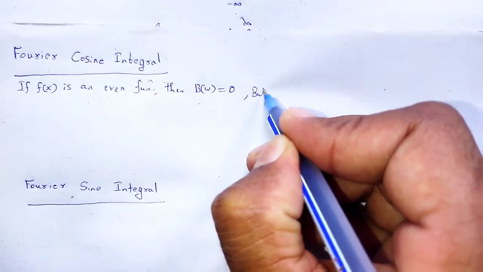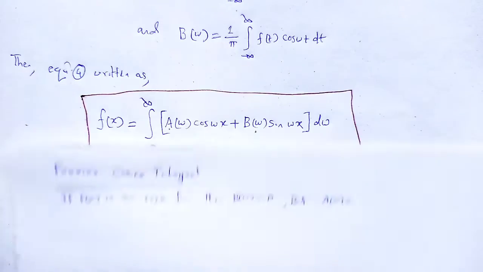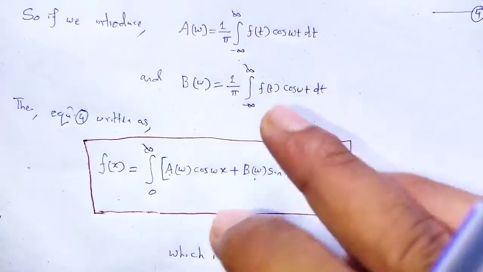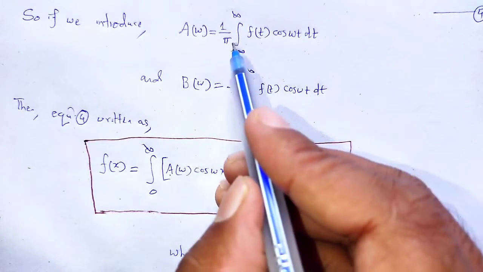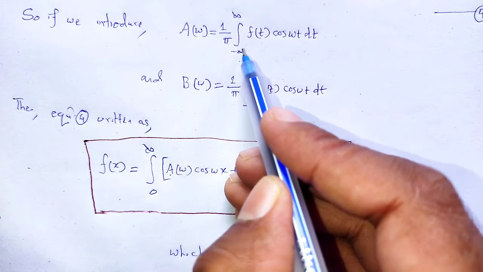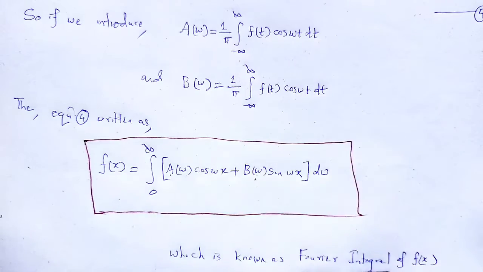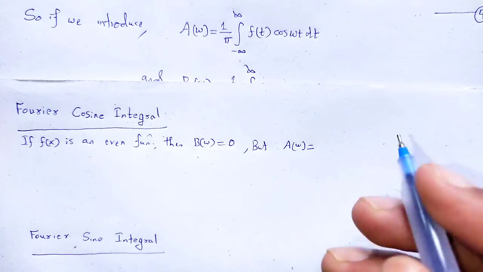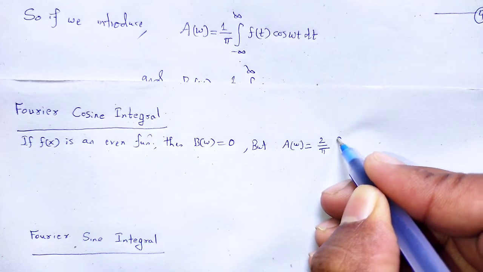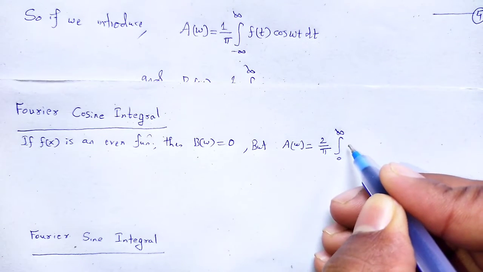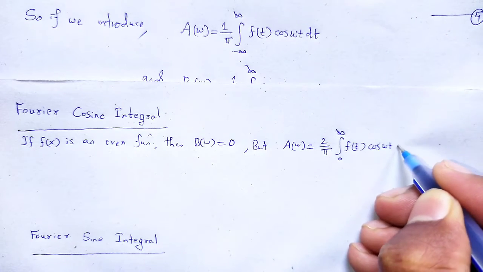A as a function of omega will be 1 by pi minus infinity to plus infinity f of t cos omega t dt. But when we take the limit from 0 to infinity, 2 is multiplied, so a omega is written as 2 by pi integration over 0 to infinity f of t cos omega t dt.